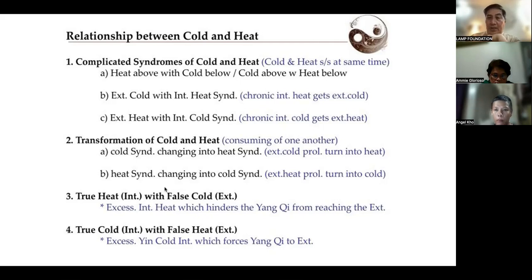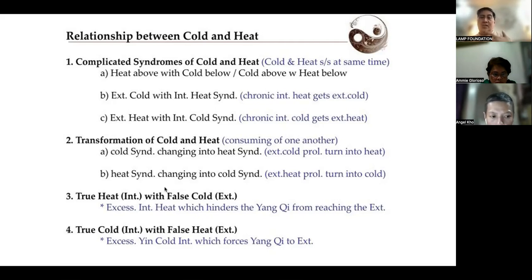Then we have the true heat, yung kanina. True heat with false cold. True heat, yung sa loob talaga, yung interior, internal. False cold, yung exterior, external. So excess interior heat, which hinders the yang qi from reaching the exterior.